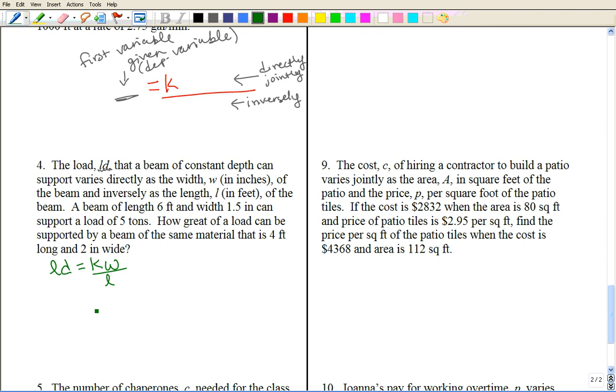Okay, so then it gives us some information. A beam of length 6 feet and width 1.5 can support a load of 5 tons. So it gives us a complete scenario there, so that way we can solve for K. So if we have 5 equals, we're looking for K, that width is 1.5 and the length is 6.